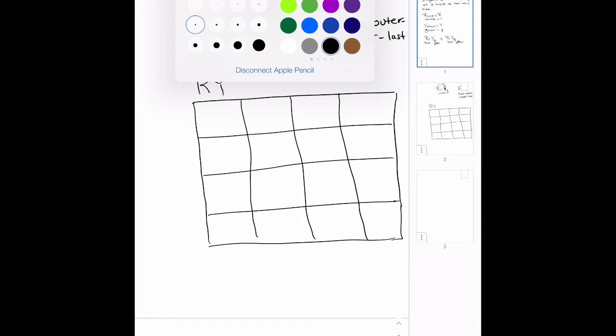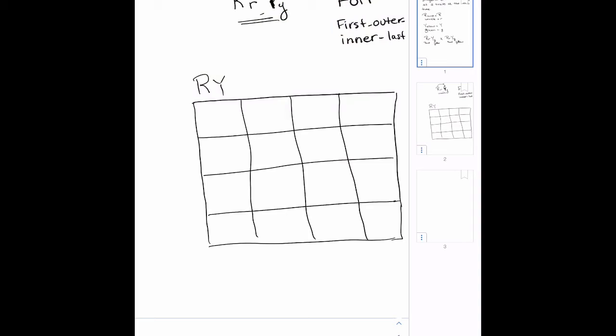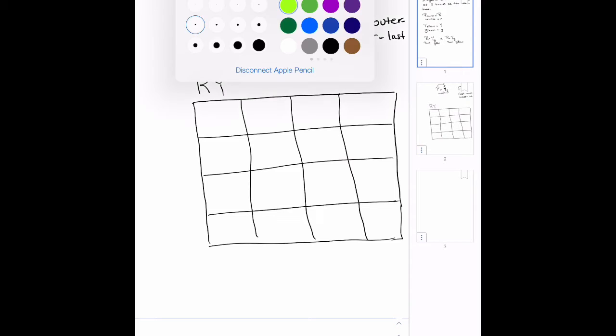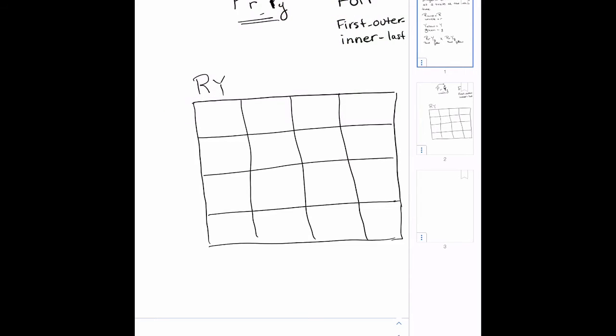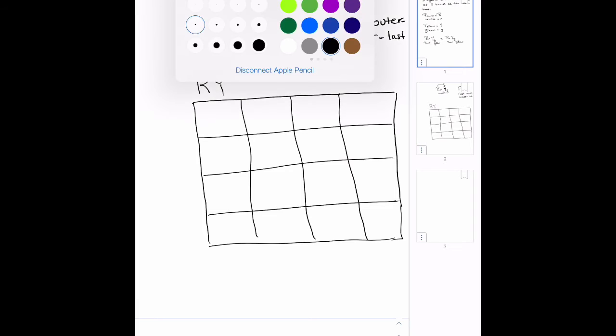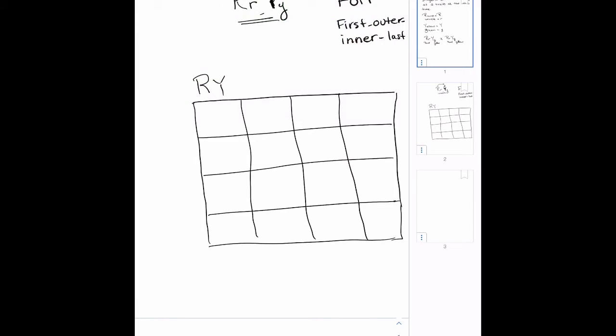My outer is going to be here. Sorry about that, guys. That's going to be capital R, lowercase y.